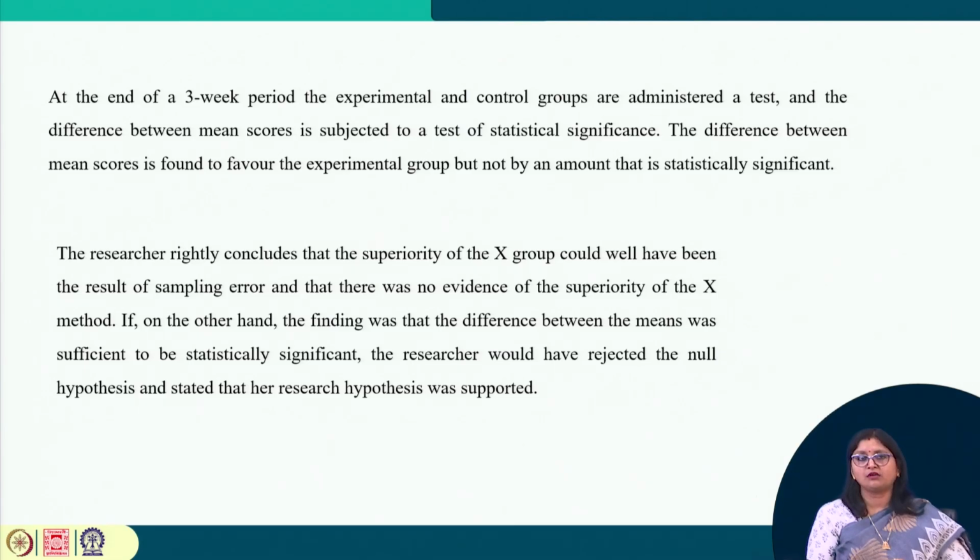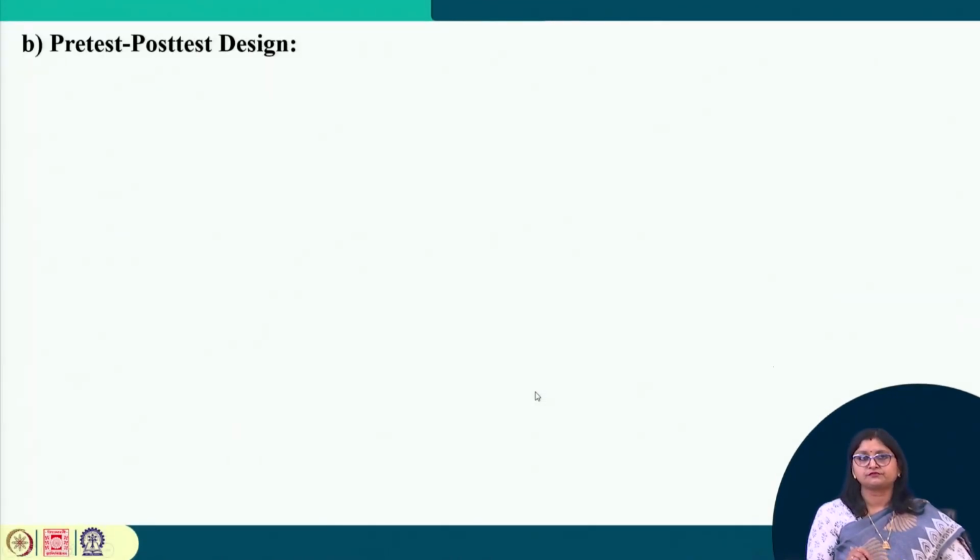If, on the other hand, the difference between the means was statistically significant, the researcher would have rejected the null hypothesis and stated that her research hypothesis was supported.